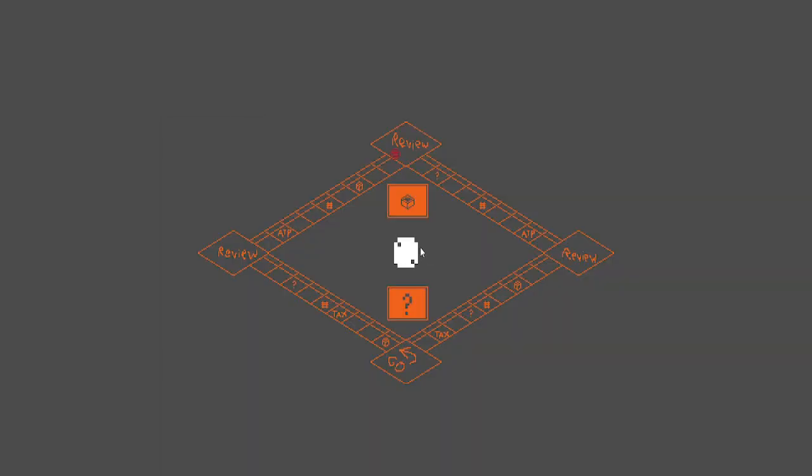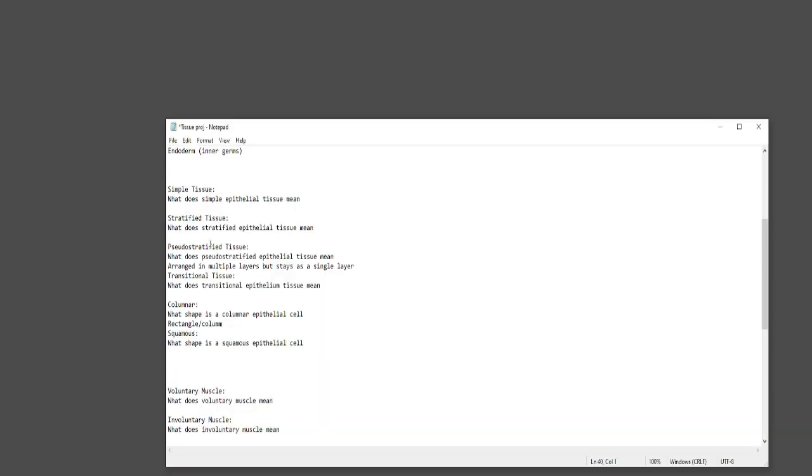And finally, 2. I got a review space. So, simple epithelial tissue means 1 layer. Stratified means 2 or more layers.